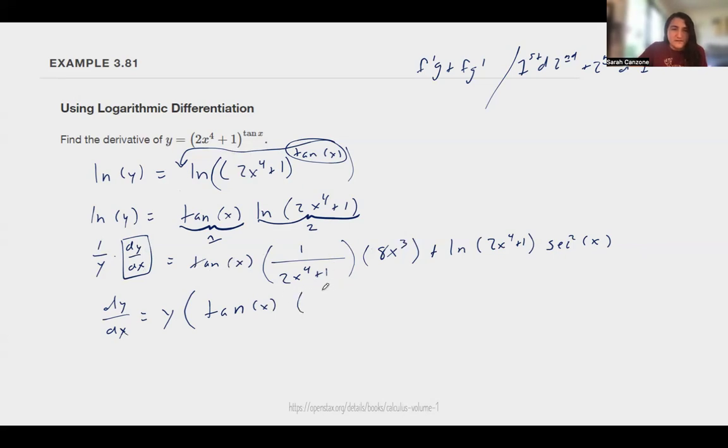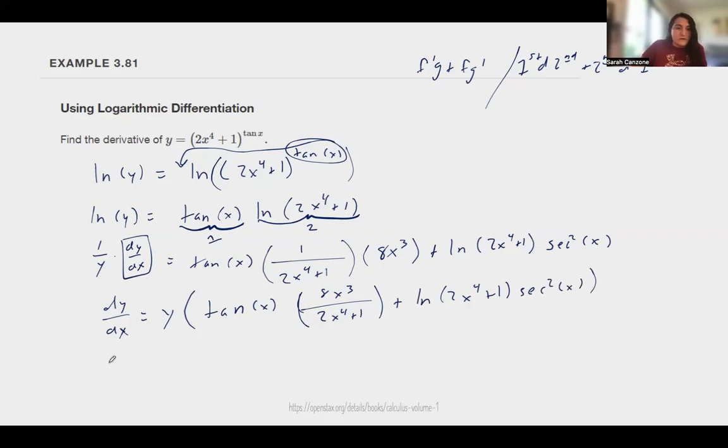So tangent of x times 8x cubed over 2x to the fourth plus 1, plus, and this I'm just going to leave, the natural log of 2x to the fourth plus 1 times secant squared of x.